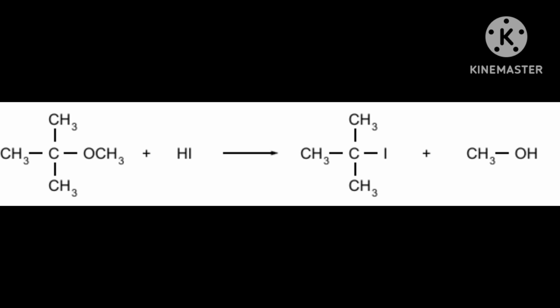Oxygen is attached to the carbon, and that carbon is attached to the three alkyl groups. Then the bond will break. H from HI will come to the O and form CH3OH, and I will attach to the tertiary alkyl carbon.